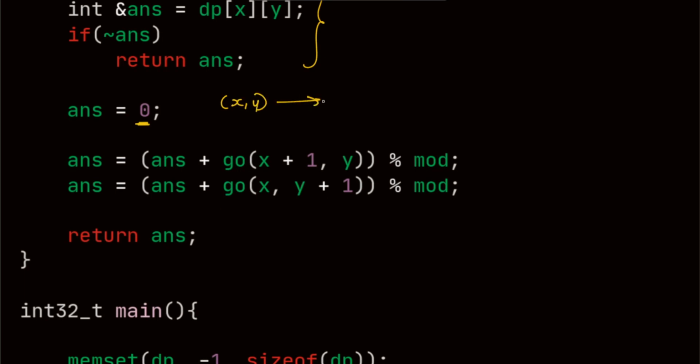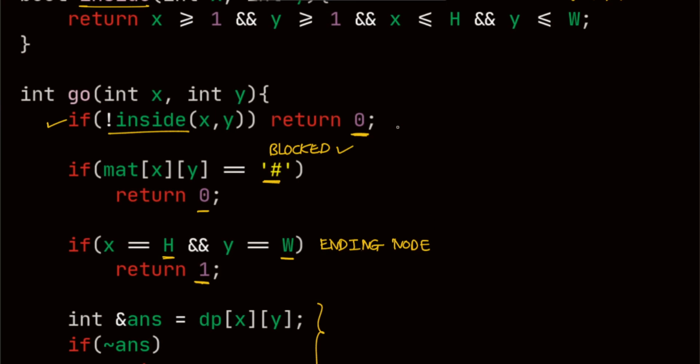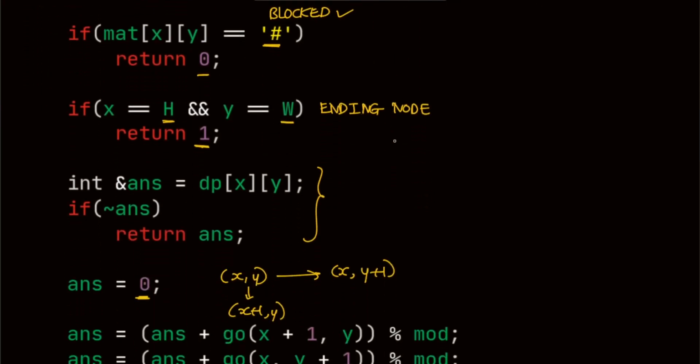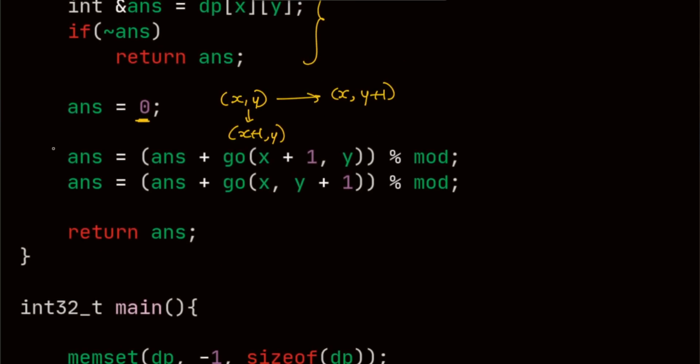We can go to x comma y plus 1 or x plus 1 comma y, and the recursion will itself handle the blocked case and outside of the grid case, so we don't need to explicitly handle it before calling it for computing the number of ways individually. So this will be modded and the final answer will be written from here.